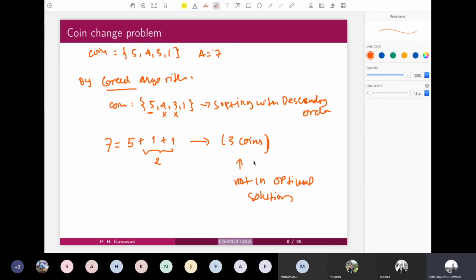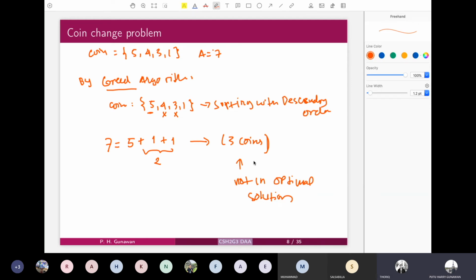Which algorithm gives you faster, more efficient time, brute force or greedy? Greedy algorithm, of course. Greedy produces high efficiency. You can get fast solutions, but it is not guaranteed that the solution is always optimal.